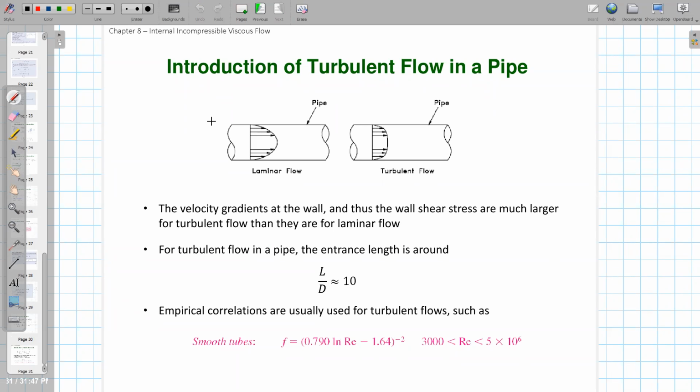So that makes the empirical study of turbulence very useful. That is why, for turbulent flow, we have a lot of empirical correlations that can quickly give us results. From the previous experimental data, we try to do some regression.